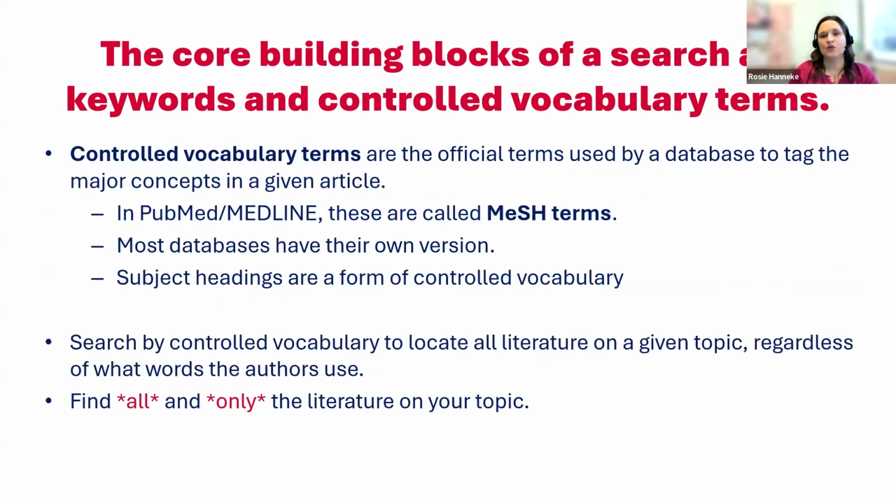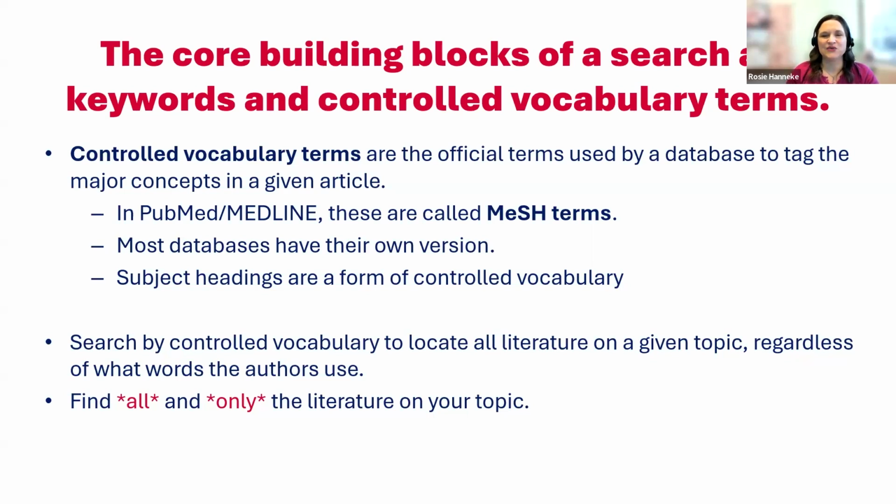In addition to keywords, you're also going to be building your search using controlled vocabulary terms. And these are the official standardized terms used by each database to tag the major concepts in an article. In PubMed, we mentioned these are called MeSH terms, but most databases have their own version, their own controlled vocabulary.